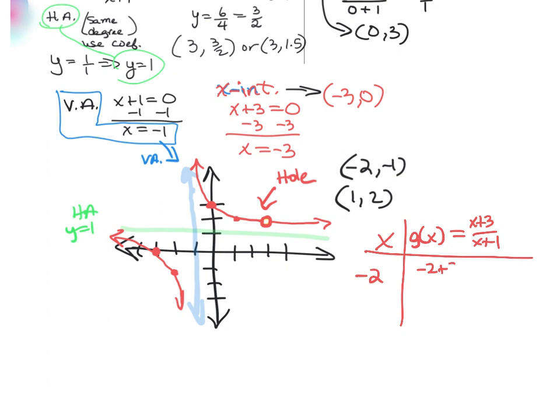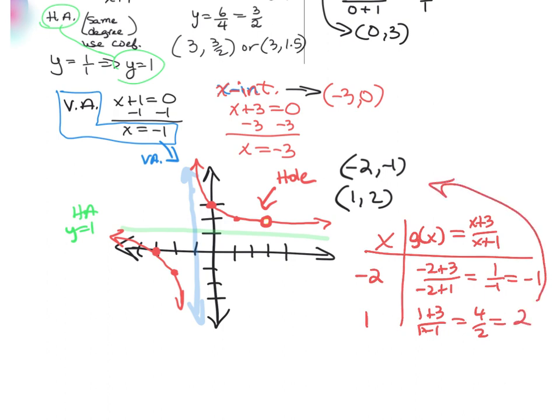With -2: -2 plus 3 over -2 plus 1. This gives me 1 over -1, which gives me -1. If I plug in +1: 1 plus 3 over 1 plus 1, 4 over 2, which gives me 2. So that's how I can get those two additional ordered pairs for this graph.